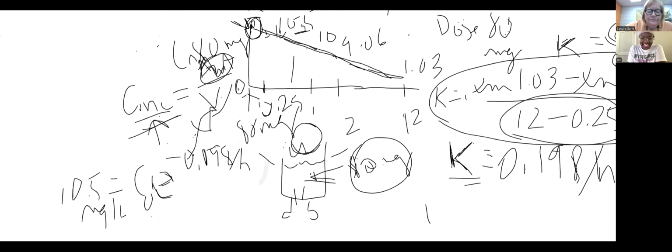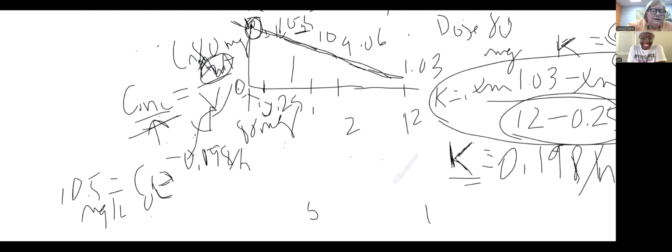We'll erase her. And what's the time difference between what we know and what we want to know? What's the time difference between this 10.5 that we know and the concentration at time zero that we want to know? Look at this drawing we just did.